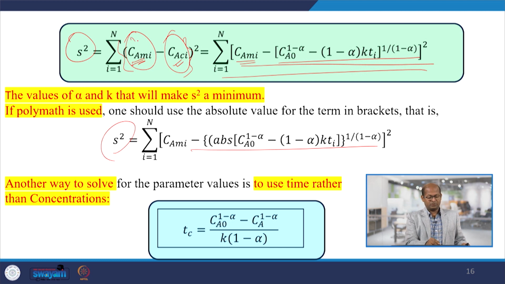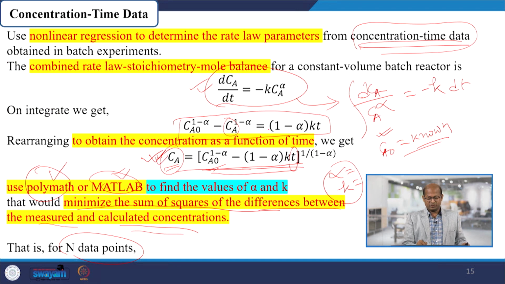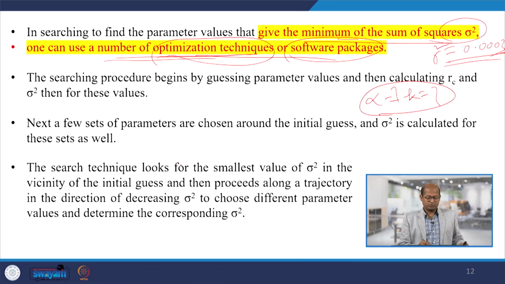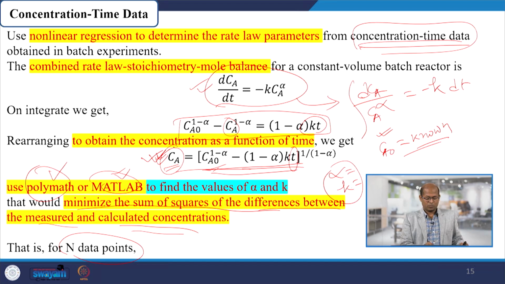Otherwise, here we have used concentrations, but we can also express this equation in terms of time. If we express time as the calculated quantity, on the right-hand side we put concentration and on the left-hand side we put time. Earlier, on the left-hand side we put concentration and on the right-hand side the time.